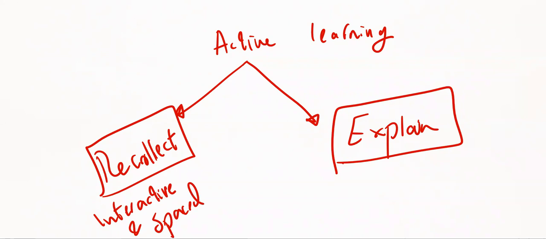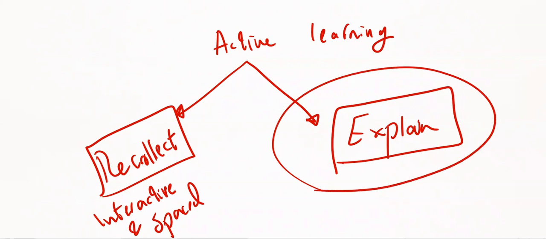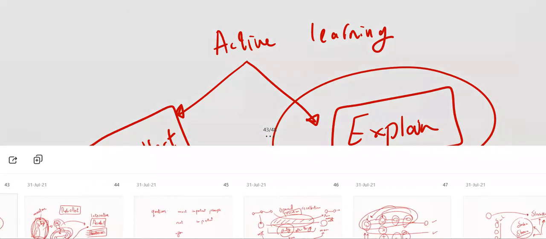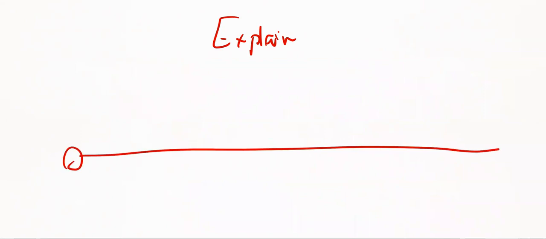The second element, in my opinion, of active learning is to be able to explain something. And this is very important. Explaining, in my approach to it, is in fact a spectrum. The simplest form of explanation is just: tell me the subject, just explain it to me.